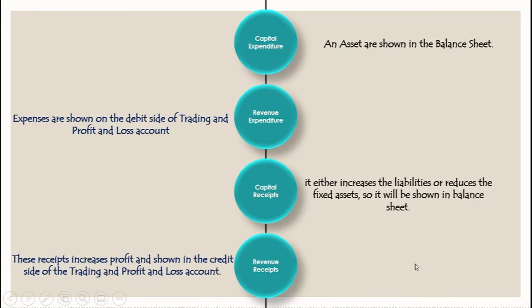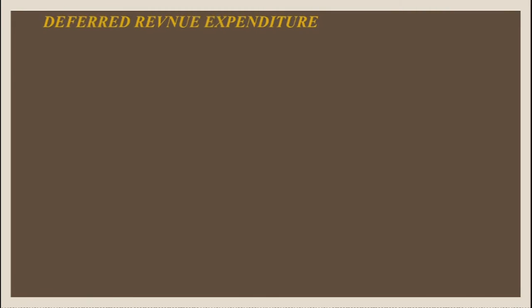There is one more called deferred revenue expenditure. Now, deferred revenue expenditure is a revenue expenditure by nature, which is incurred during the accounting period.